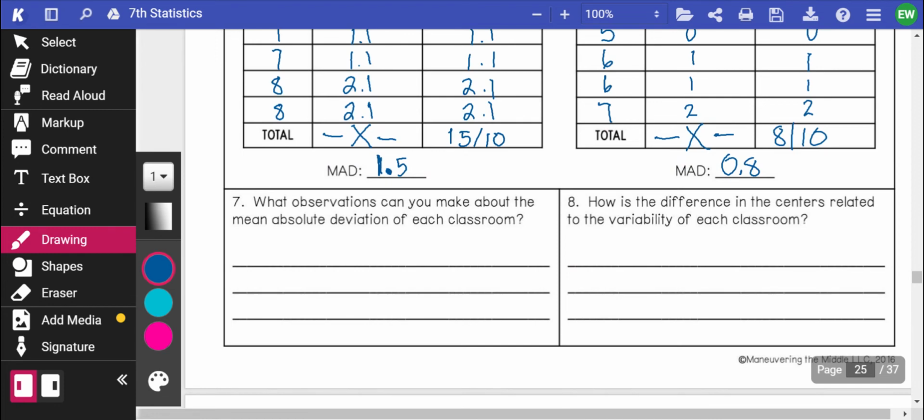We have to make observations now, okay? So 434 is 1.5, 425 is 0.8. So if the MAD is smaller, that means that data is closer to the mean, okay? So MAD 434 MAD is higher than room 425.